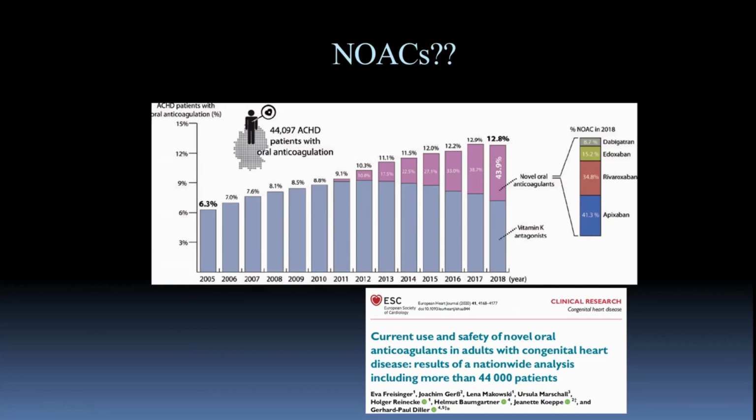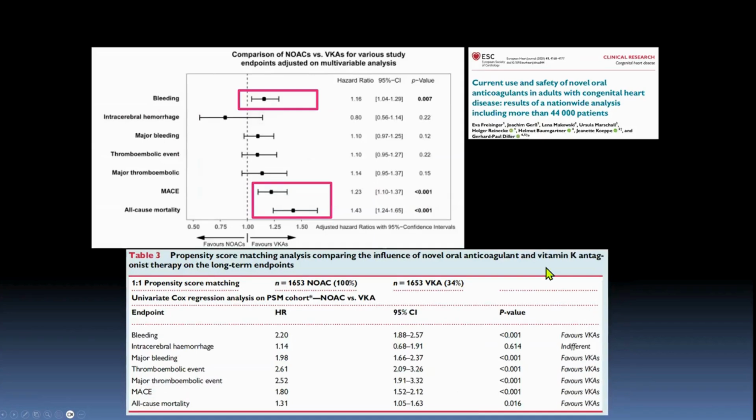These are interesting data from Germany, which I find hard to interpret. They said that NOACs are used increasingly in congenital patients, but there is a risk of increased bleeding and increased mortality.